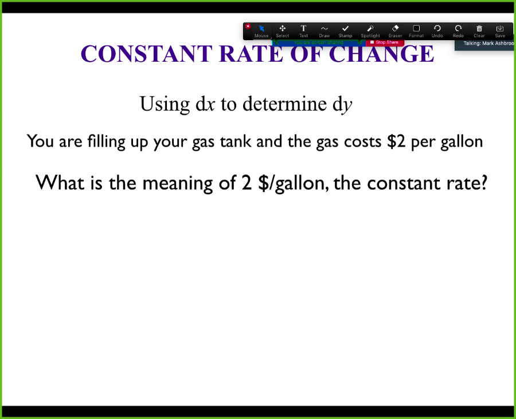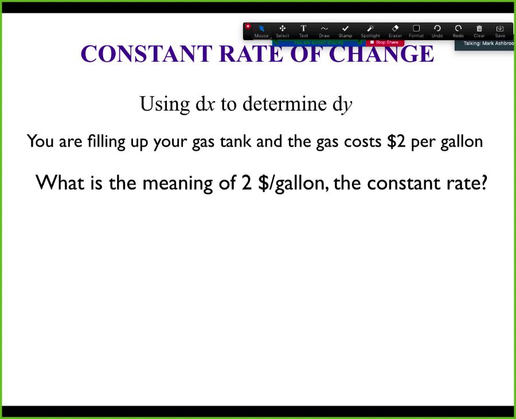Okay, so what's the meaning of $2 per gallon? I think we also talked about this one. What's the meaning of $2 per gallon, constant rate of change? Donna, you want to give it a try? That no matter how many gallons you bought, you take the number you bought and multiply it by 2, and that's how much you spent.